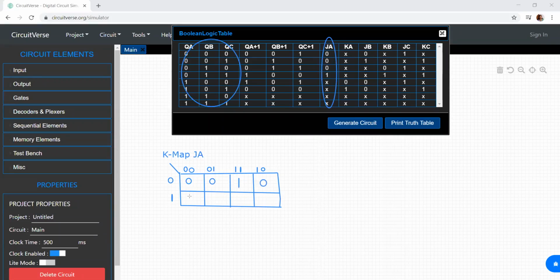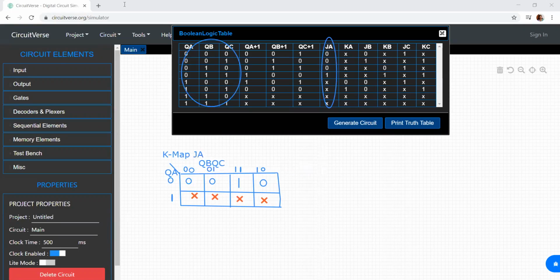This I am writing from this K map. And the remaining all values are X, X, X and X. Here I have QA and on this side I'll be having QB and QC.